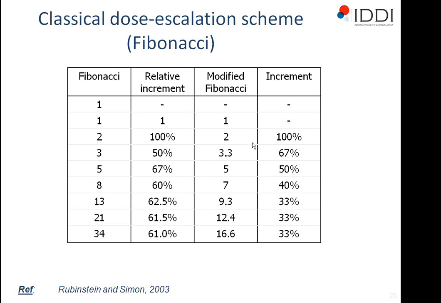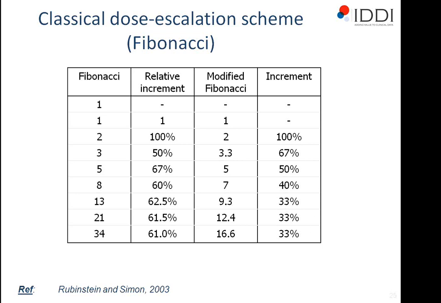Now, the modified Fibonacci, which is used in phase 1 trials, is modified in the sense that, as you can see, the initial increase is 100%, but then the increases are smaller as compared to the original Fibonacci series, and as you can see, they stabilize at 33%. So it means that when going to the higher doses, essentially we increase the dose by 1/3 compared to the previous dose.